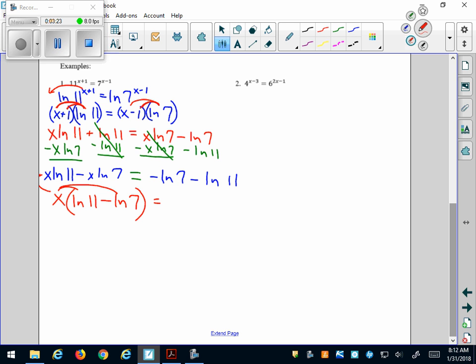That line right there. So we factored out the x. On this side, we have this. Now, how could I get x all by itself? We're going to divide. Divide by this whole parenthesis.